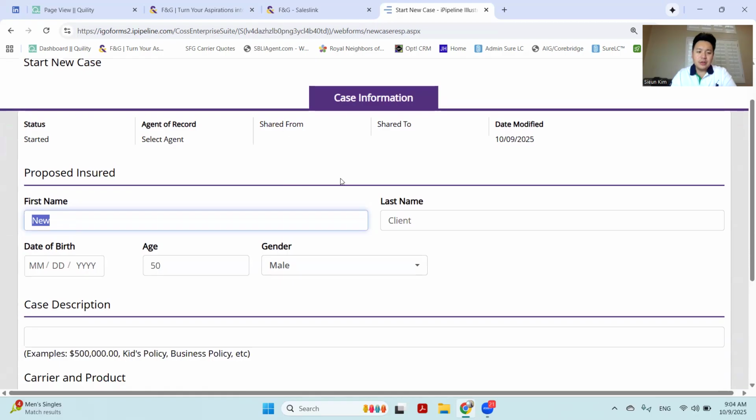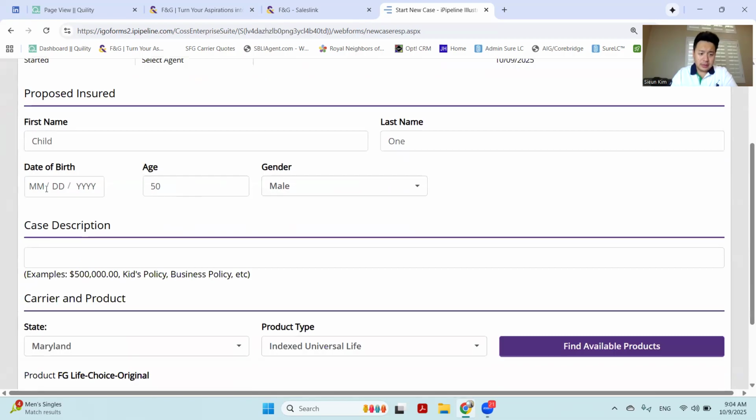So first of all, let's talk about a client who might be, let's just say, a child, and we're gonna put child one, where the name goes. And what we're going to do is use an example of maybe a 10-year-old, so we're going to put 10.